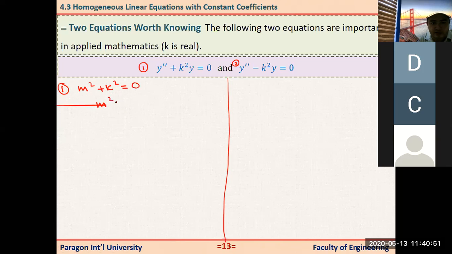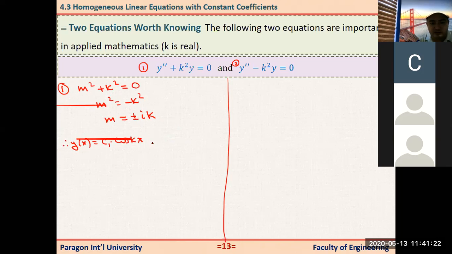Here, m squared is equal to minus k squared, so m is equal to plus minus i k, because we have the square root of -1, which is i. At that time, the solution of this equation will be y of x equals c1 times cosine of kx plus c2 times sine of kx.